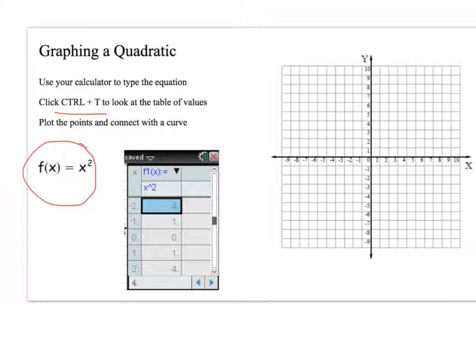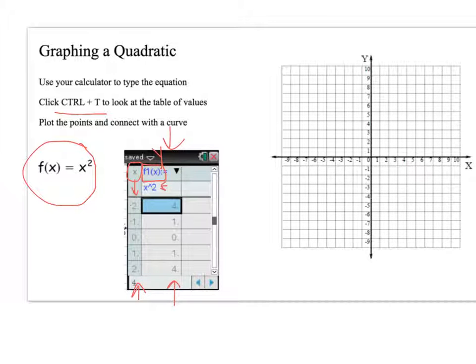So what's important is that you really notice this table, and I copied the table from a calculator to show you what it looks like. Here is our x value, and all the x values are down this column. And now you'll see here f1 of x equals x squared. This is basically your y values. So you have your x's and you have your y's.